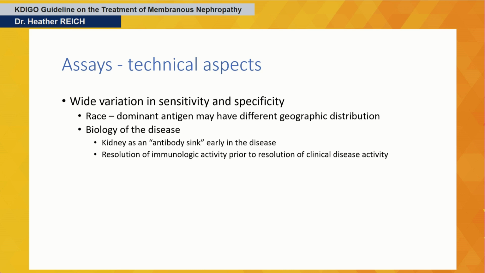The dominant antigen is the cysteine-rich (CysR) residue, and this can have a slightly different geographic distribution, which can affect sensitivity of assays. In addition, the biology of the disease itself really affects sensitivity and specificity estimates.